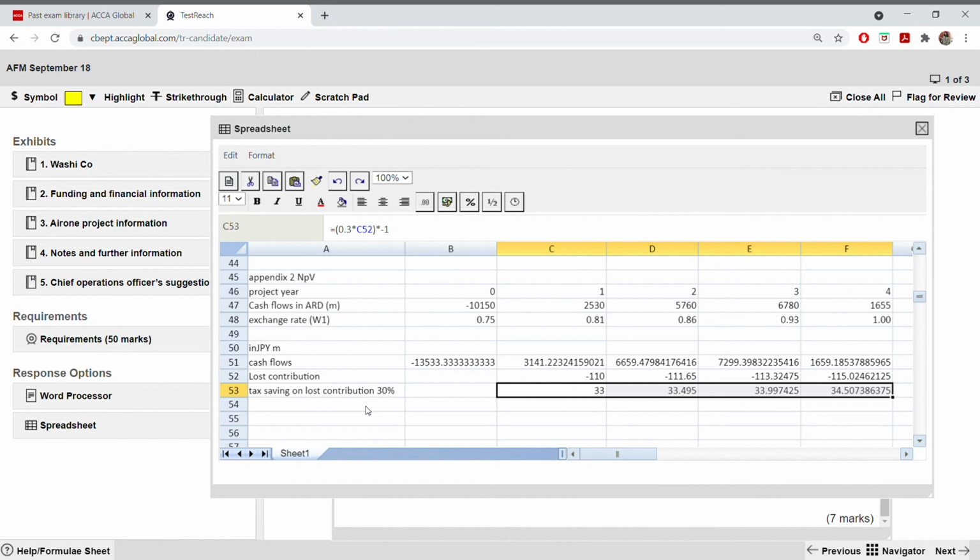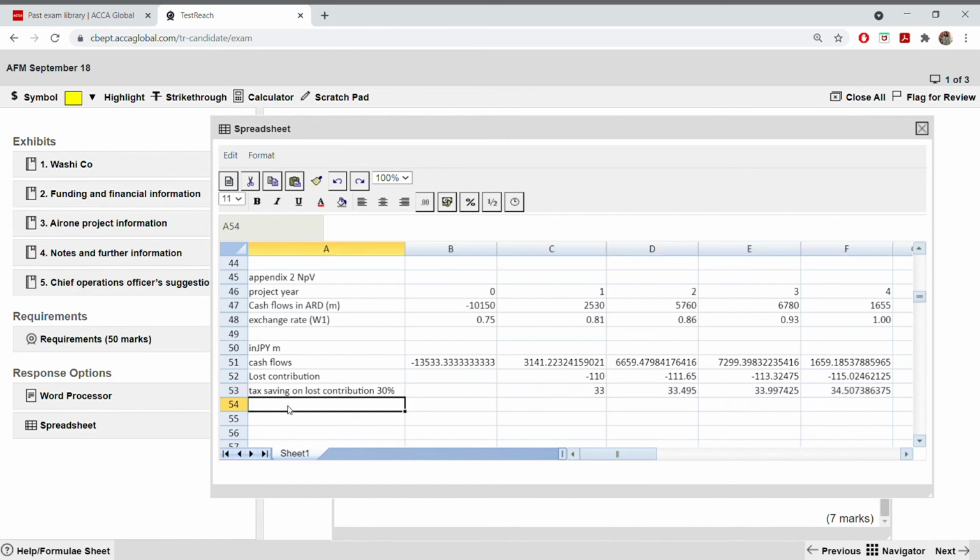Now next we have contribution components. Okay, for the components we have a separate contribution. This contribution is different from what you have lost. I'm not writing the whole thing. Okay, separate working is there, working 2.